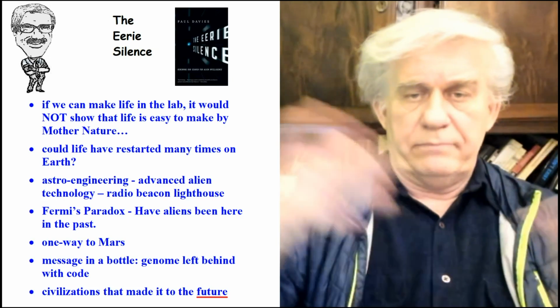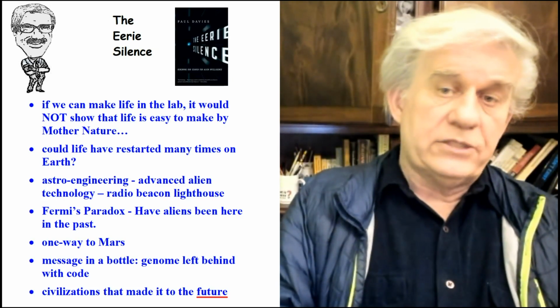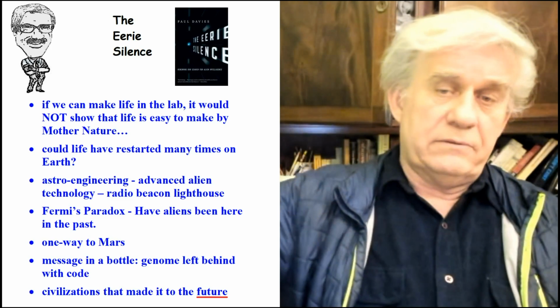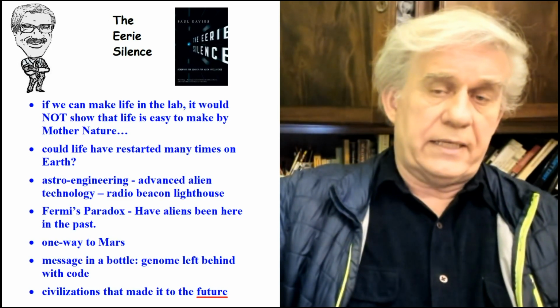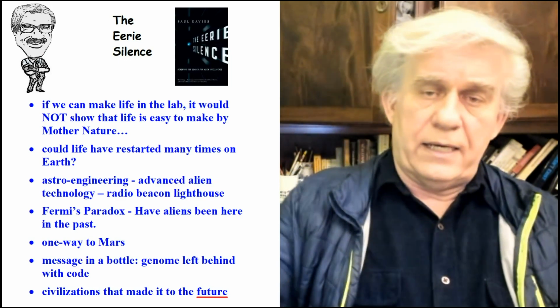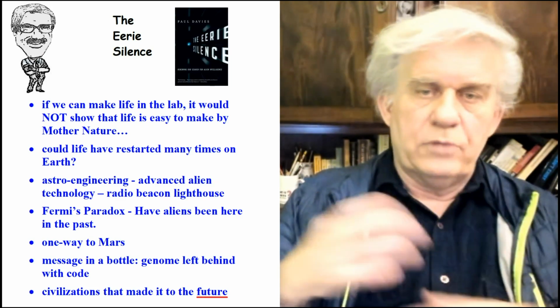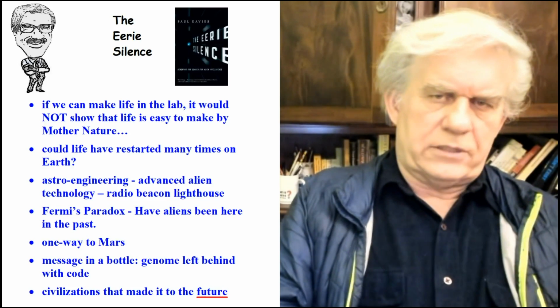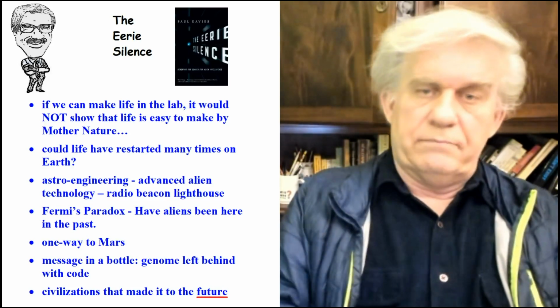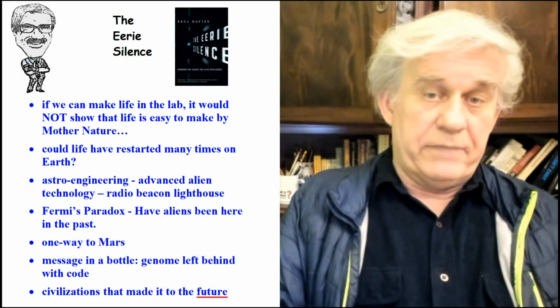These are my words, but this is what he meant. So the fact that we can do an experiment like they did in the 1950s, Urey and Miller, where they put some methane and other carbon compounds, I believe, and gave it a shot of electricity and created amino acids.